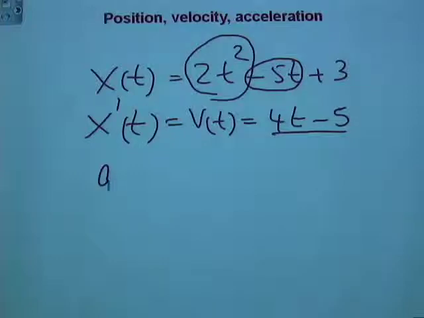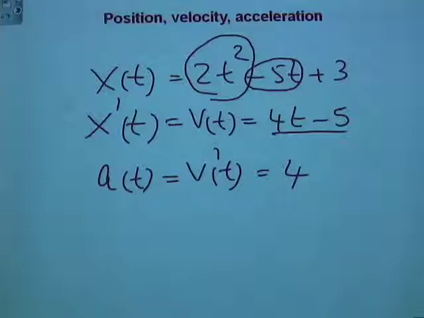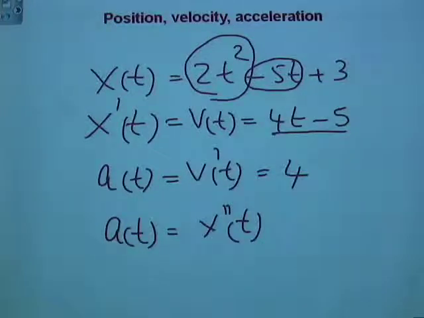And the acceleration function is obtained by taking the derivative of the velocity function, and that will be equal to 4. Now, a of t is also written as the second derivative of the position function.